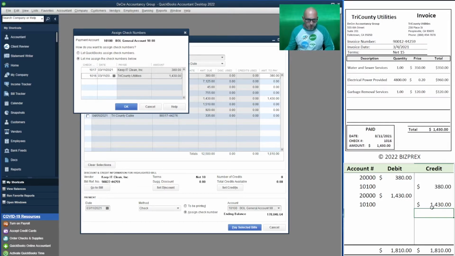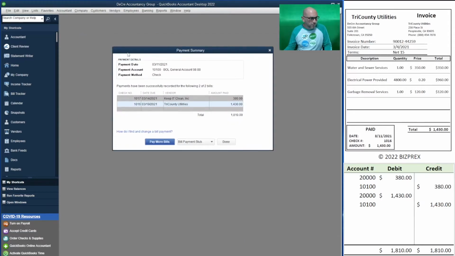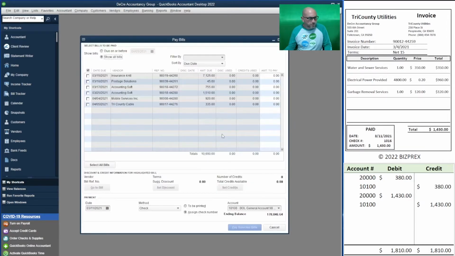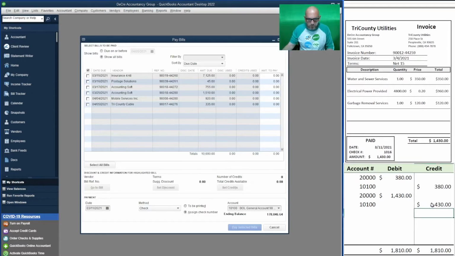And these amounts, same amounts, are debits to our accounts payable because it's a liability. A liability is reduced when debited. Now, here they are. They're impacting our bank account. You can see it right here. Same on bill. All right.